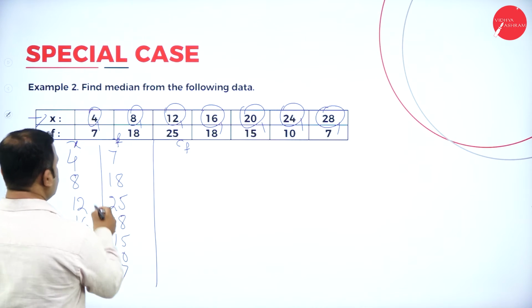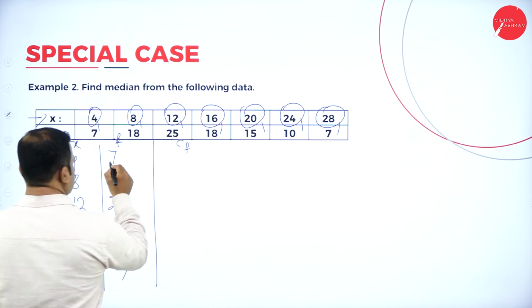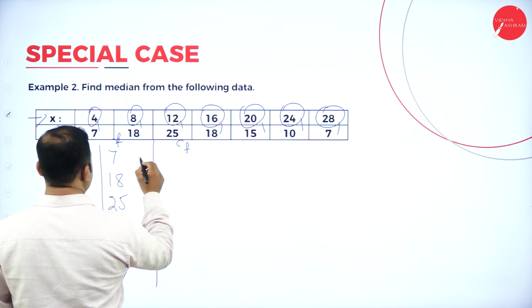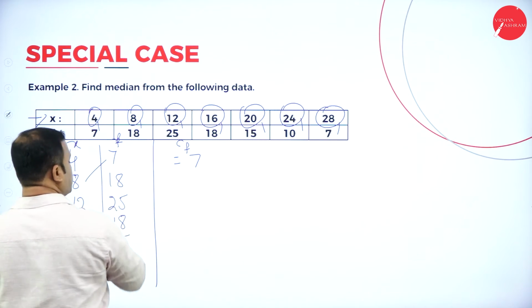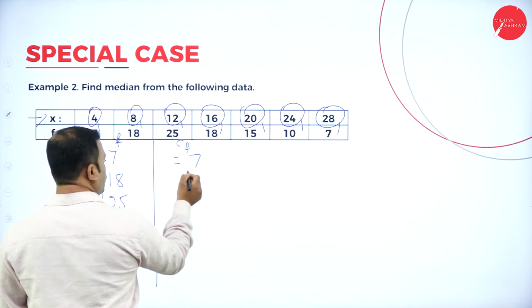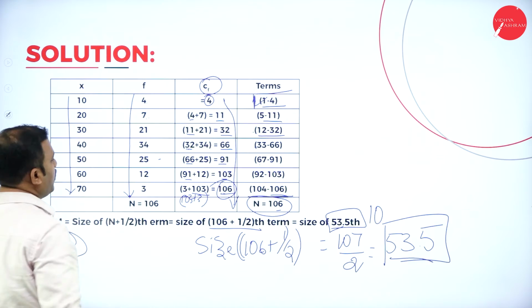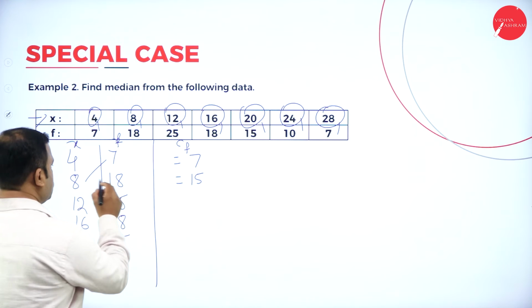CF is equal to 7, which is equal to the frequency, 7. 7 plus 8 is what? That is equal to 15. We have to add up the frequencies with the CF.